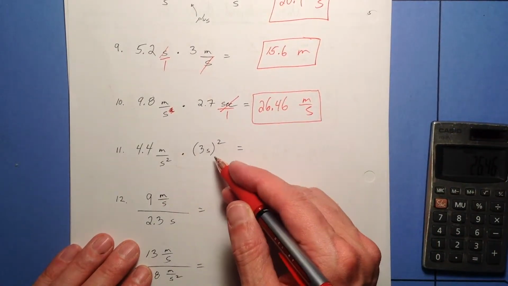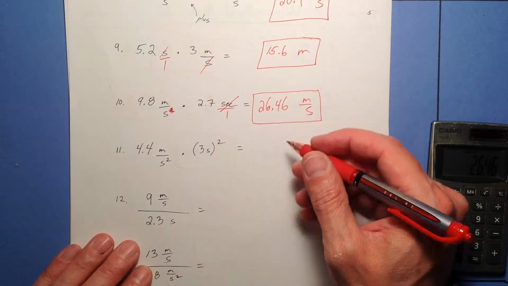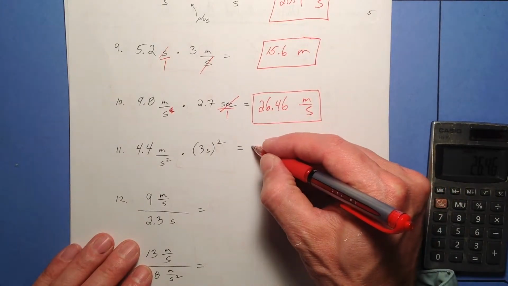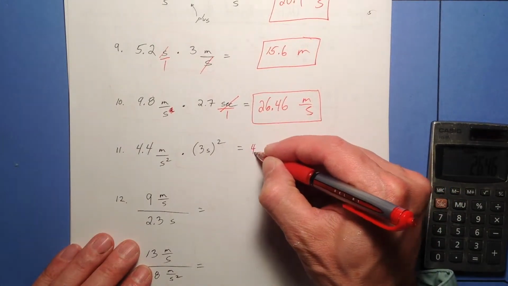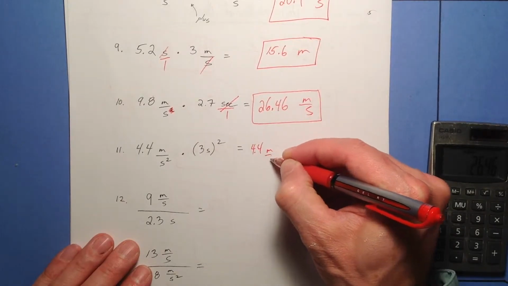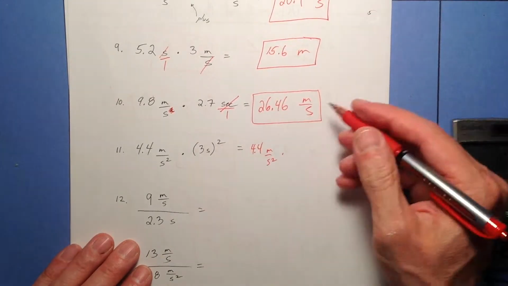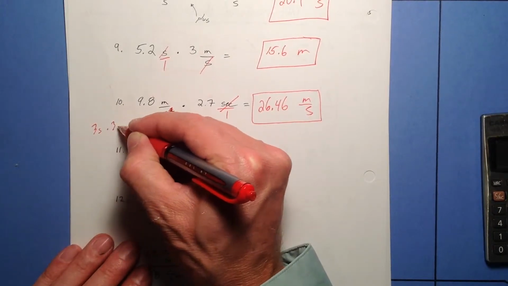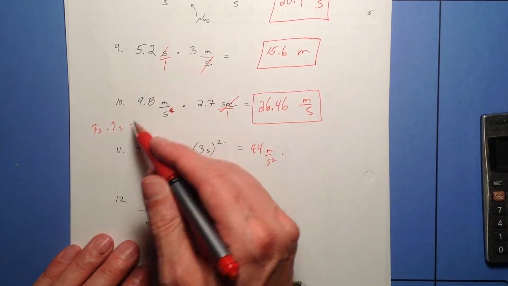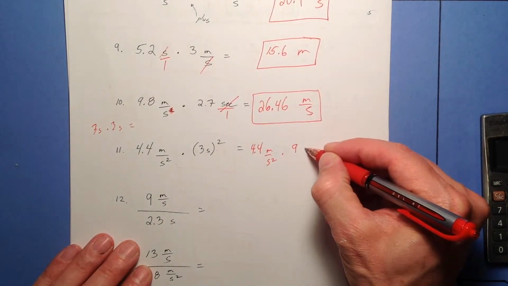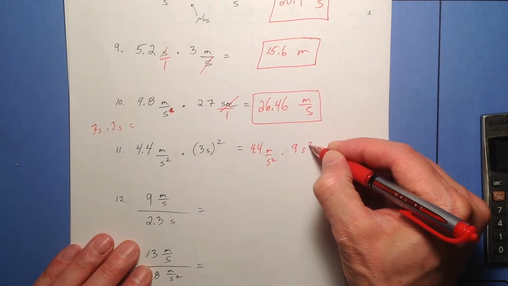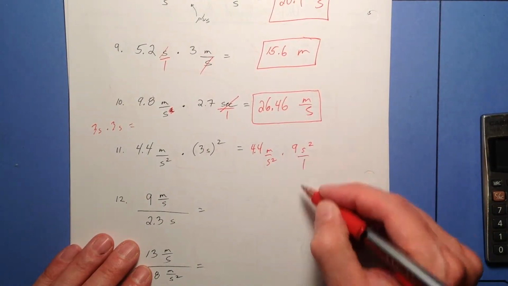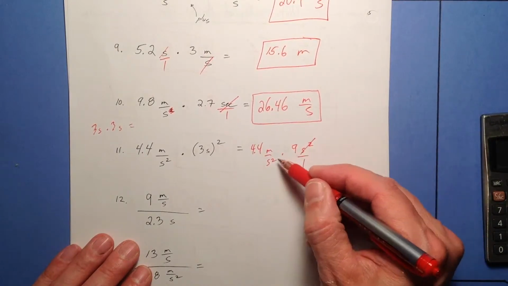Now this, check this out. You got to do 3 seconds squared, so you could do it like this. Maybe you want to rewrite it. 4.4 meters per second squared times, and do this over here. So 3 seconds times 3 seconds is going to give you 9 seconds squared. So that's times 9 seconds squared. Okay, so put that over 1. These seconds squareds will cancel out.